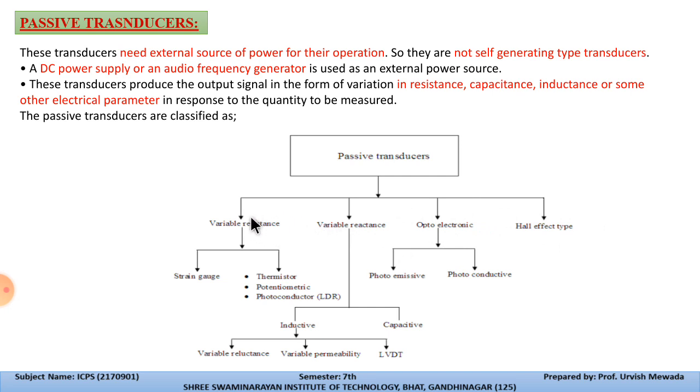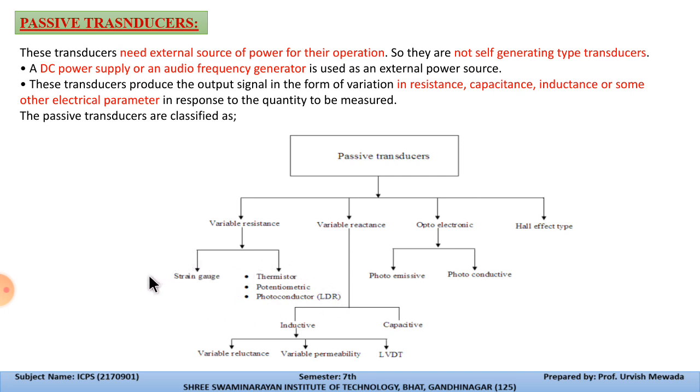First of all we'll start with the resistive. In resistive we have the strain gauge. Basically, a strain gauge works on the principle of change in length of the conductor. In variable resistance, the other types are the thermistor, the potentiometric transducer, and the photoconductor transducer, or we can say LDR, light dependent resistance. Here we are changing the resistance by giving the input quantity.